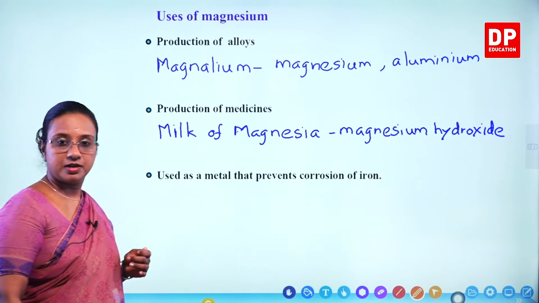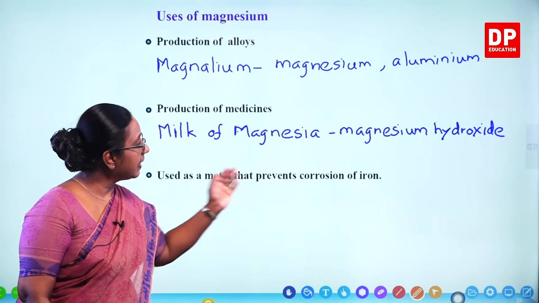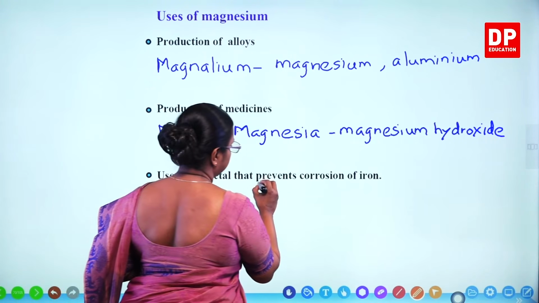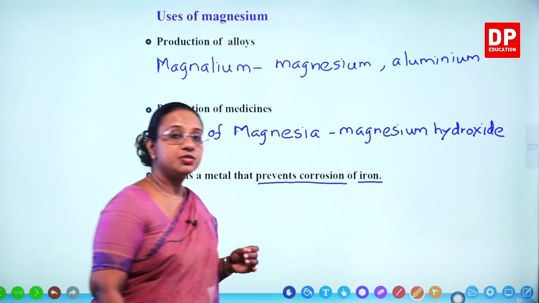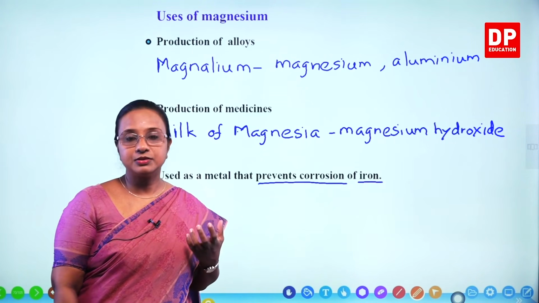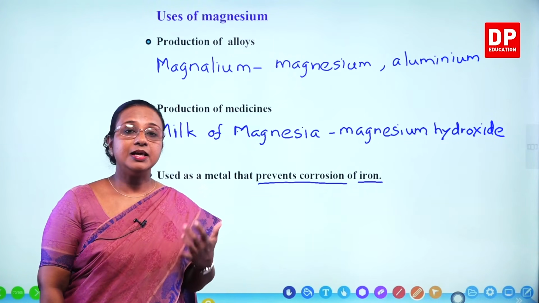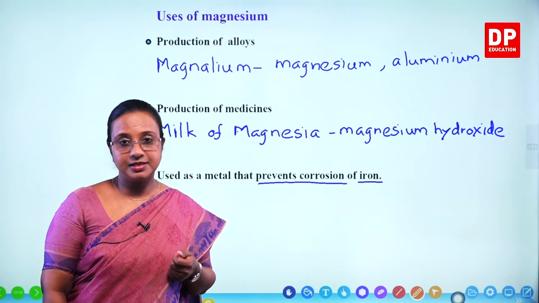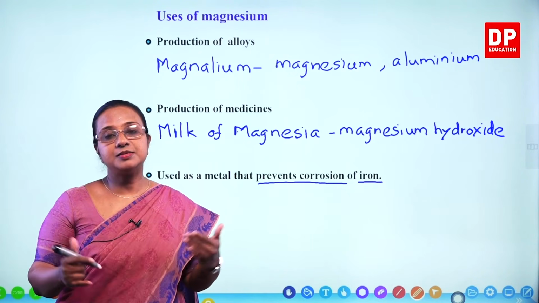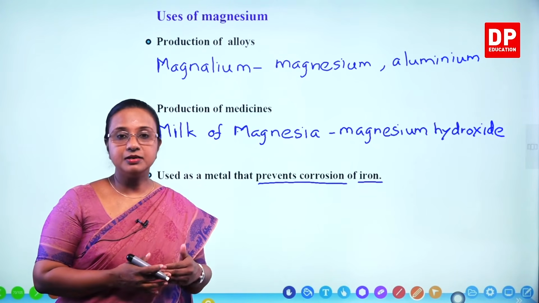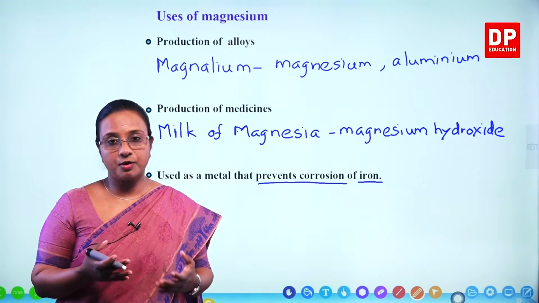Another use of magnesium metal, it is used as a metal that prevents corrosion of iron. So normally iron is a good metal that is highly used in our day-to-day lives, but it can corrode easily. If there is a huge structure that has been made with iron or steel, if it corrodes, then it would become a problem.